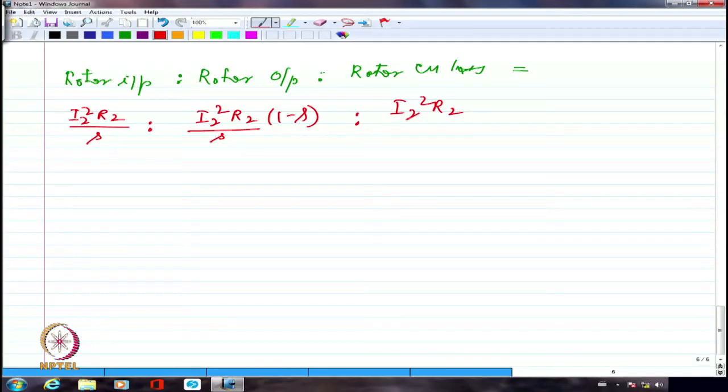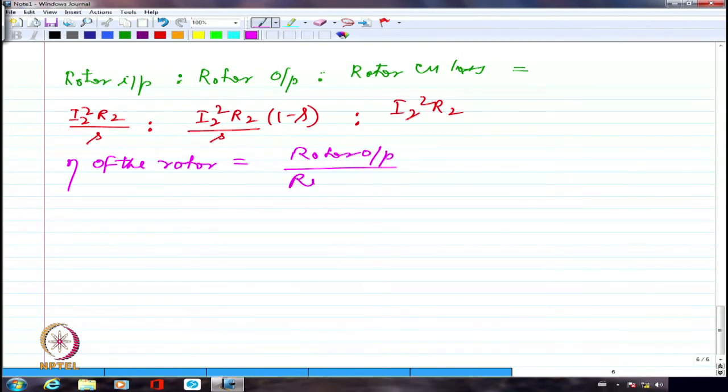So, if I take what is the efficiency of the rotor, that is actually rotor output divided by rotor input. So, that will be 1 minus S.